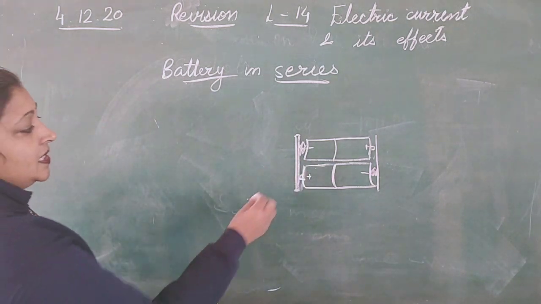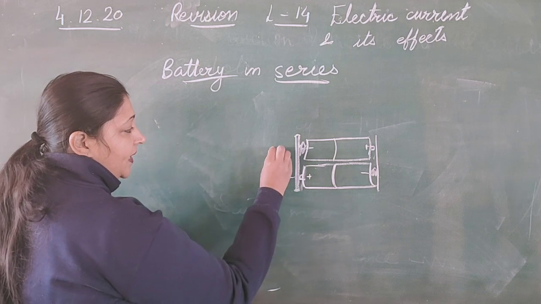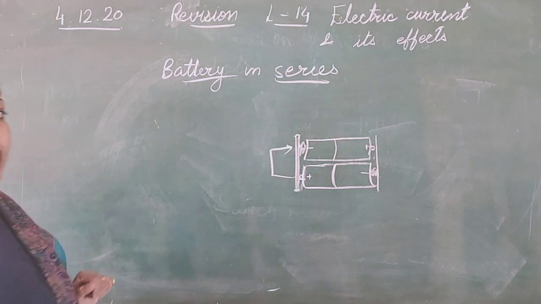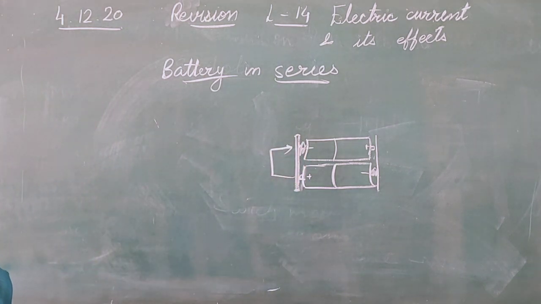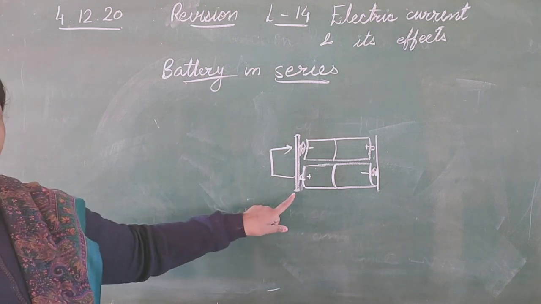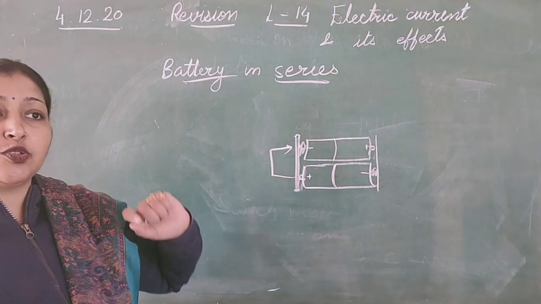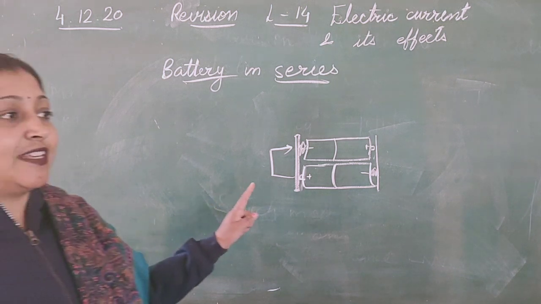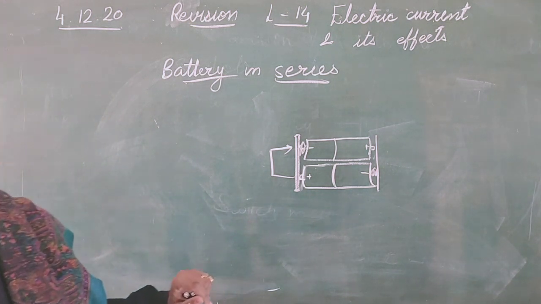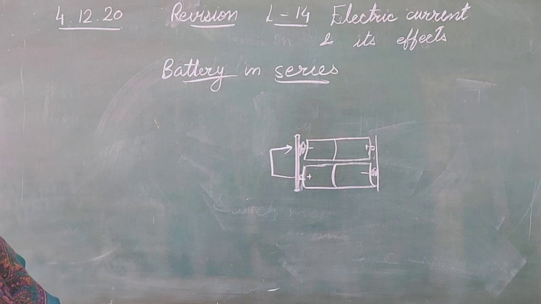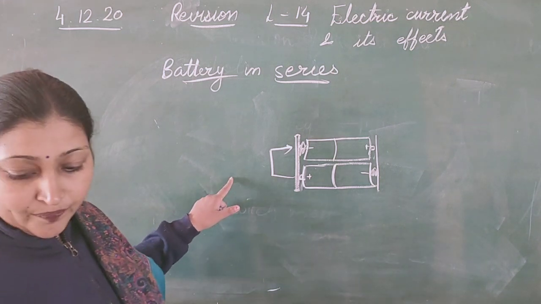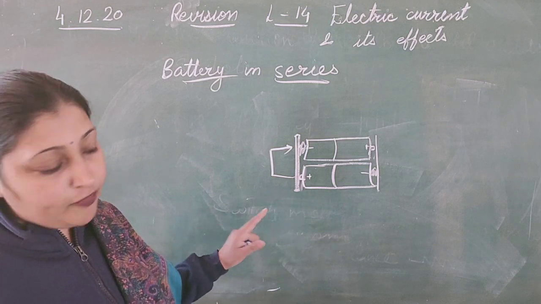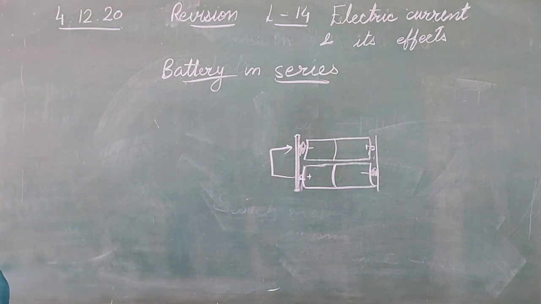It means the positive of one is connected to the negative of the other. Positive of one battery is connected to the negative of the other. In this way, we can say that the battery is connected in series. Alright children, is it clear to you? So, this is the way of connecting a battery in series.